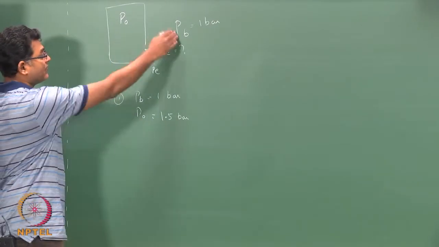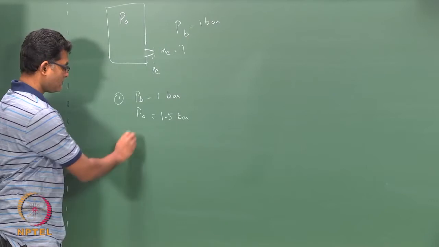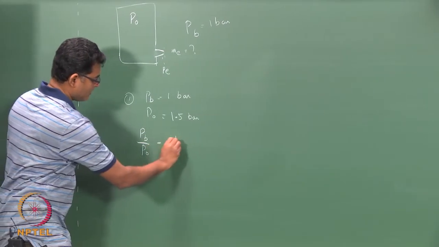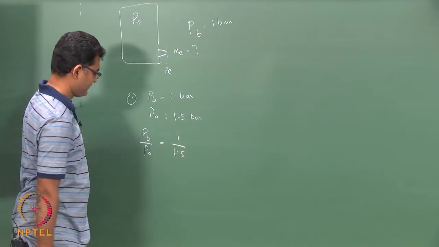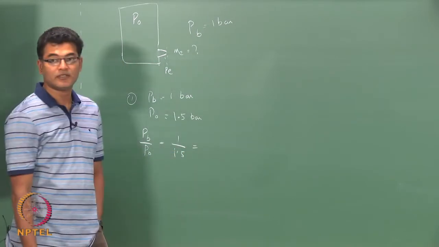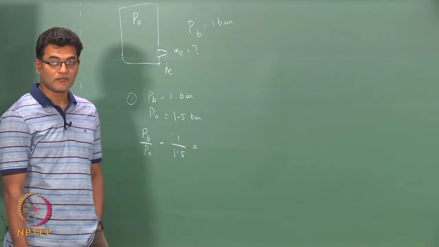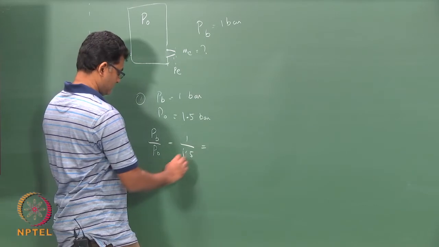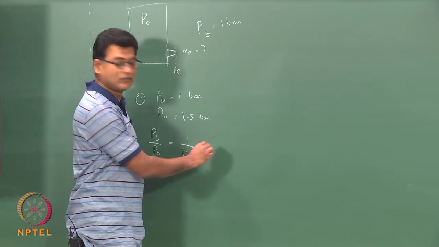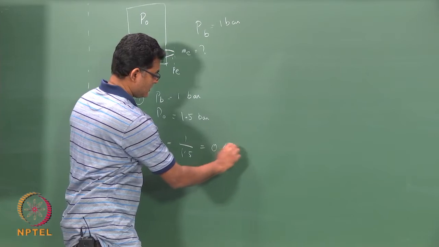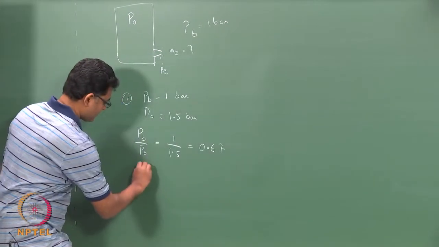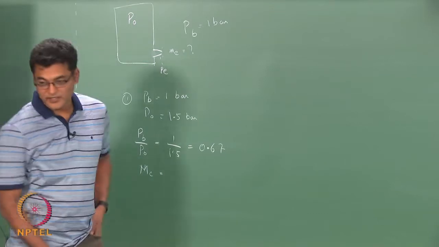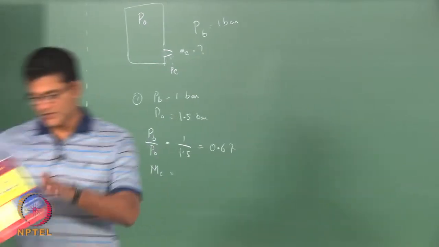The question is to find the Mach number at the exit. So, I have P0 by P. My PB by P0 is 1 by 1.5, which is 0.67, and for the Mach number associated with this, I look at the tables.